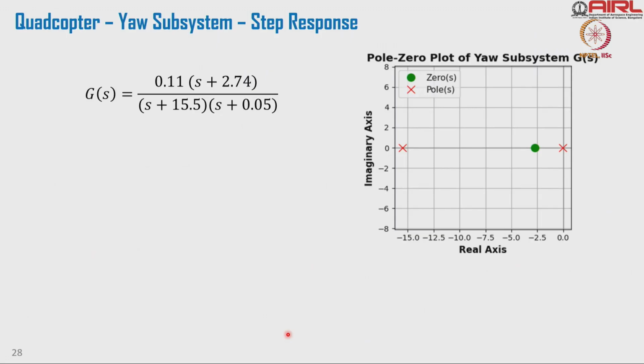Now coming back to our subsystem, this is our transfer function. We have two poles, one at minus 15.55 and another at minus 0.05, and there is a zero at minus 2.74 in the pole-zero plot. The poles lie left of the imaginary axis, so the system is stable.